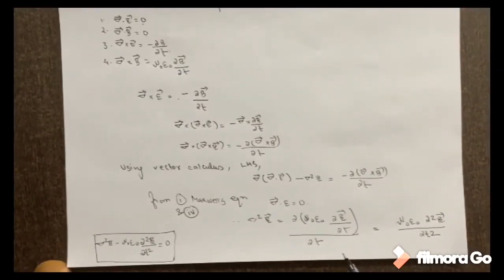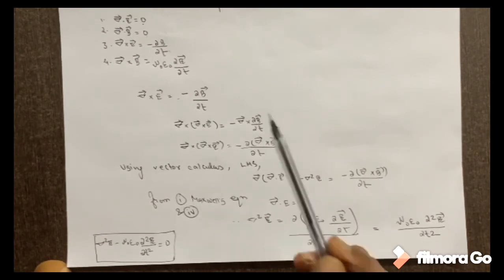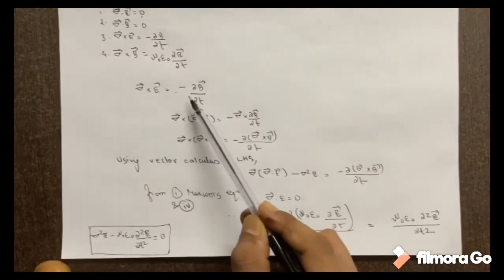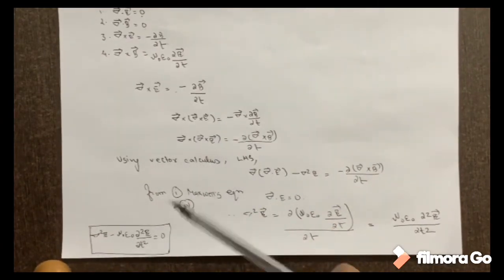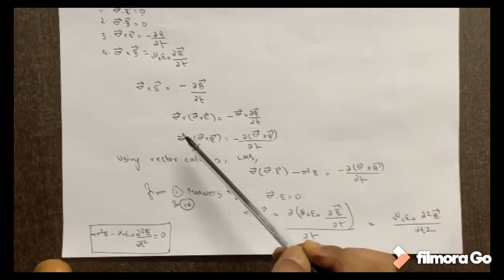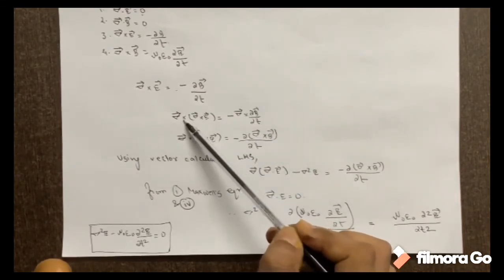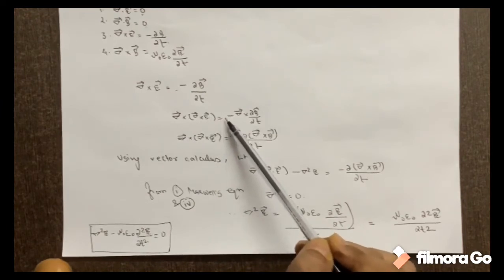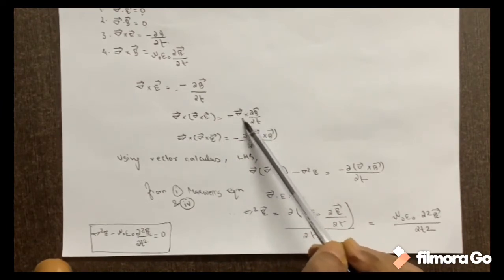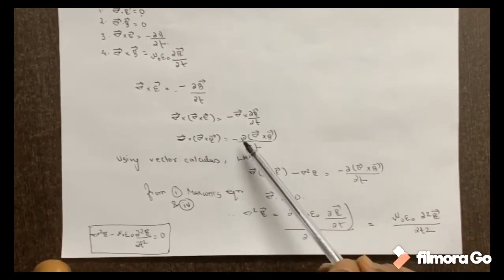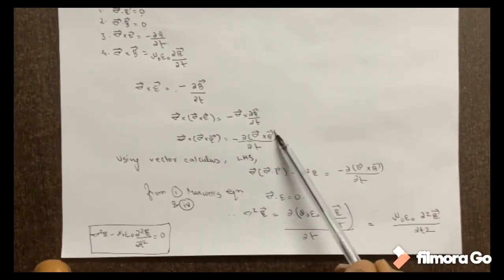Now to solve for the electric field component of the electromagnetic wave, let us focus on the third Maxwell equation, which is del cross E is equal to minus del B by del t. On applying the curl operator on both sides, it gives us del cross del cross E is equal to minus del cross del B by del t. As we know that this curl operator is independent of time, it can go inside the bracket.